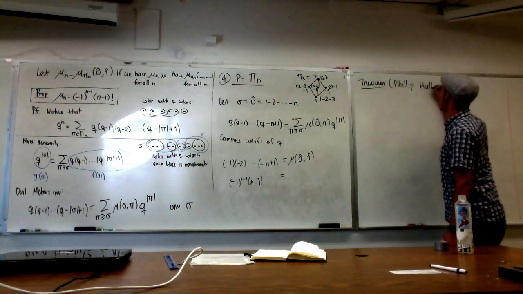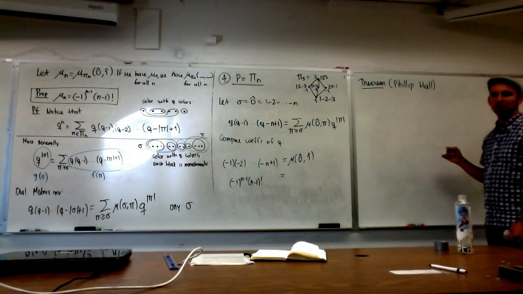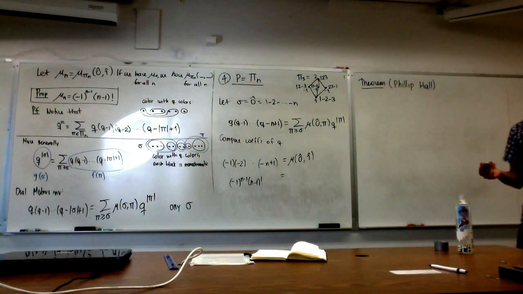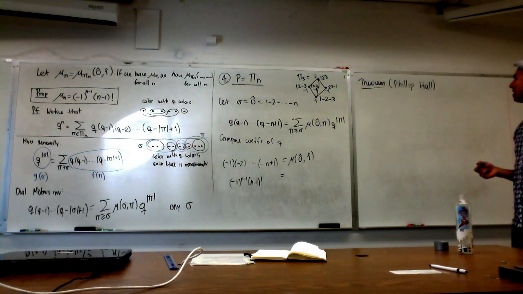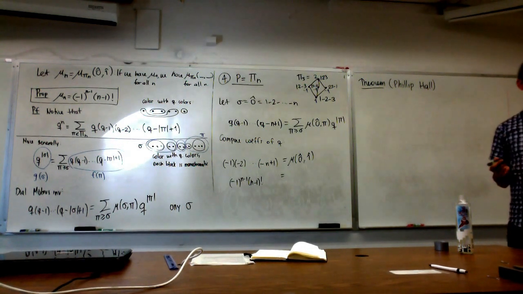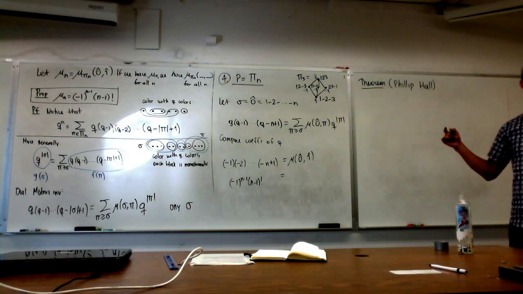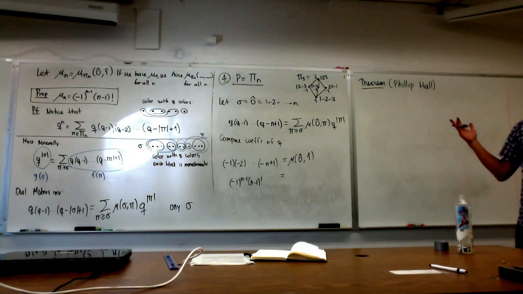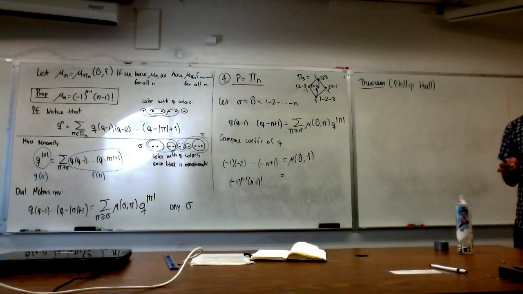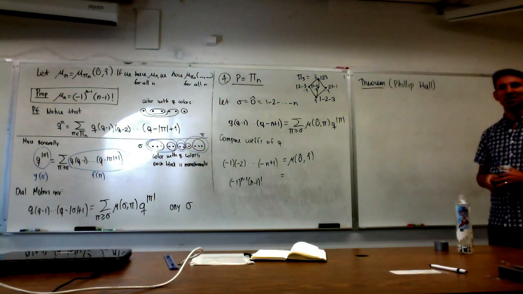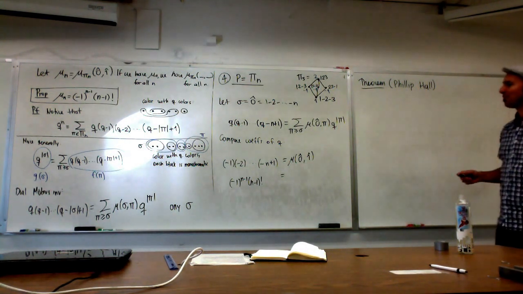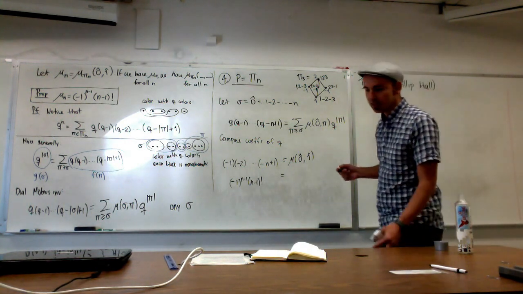People call it Philip Hall's theorem, which I find kind of strange because usually you just say the last name of the person that proved the theorem. But I guess Philip Hall is maybe less important than some other Hall. There's another Hall's theorem, which is Hall's marriage theorem, and I assume this is called Philip Hall's theorem probably because it's a different Hall. In any case, this is Philip Hall's theorem, and it says the following thing.